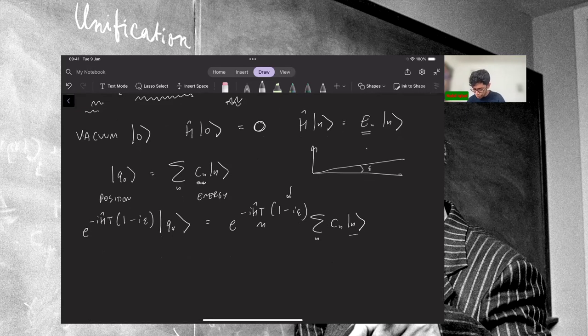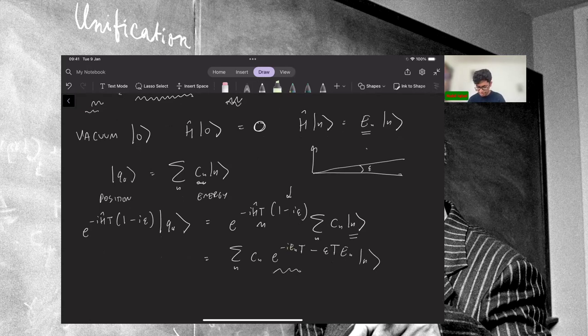Well, these are all energy eigenstates, right? So it becomes the sum over n of C_n times e to the minus i E_n T(1 minus i epsilon) times |n>.